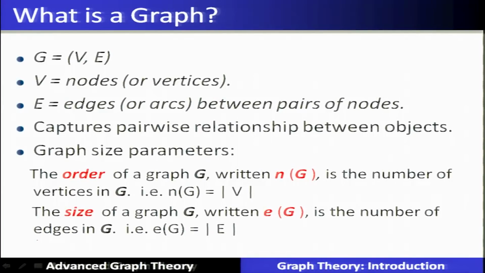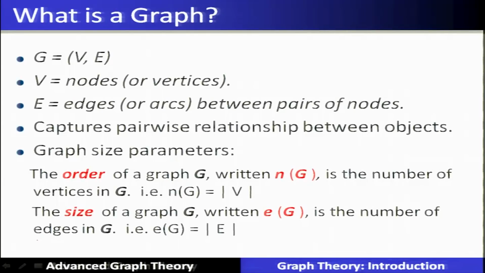This graph captures the relationship between the vertices, also called objects, and the arcs represent the relations between the objects. Different applications pose these relationships, and we get a graph as a model of different applications.